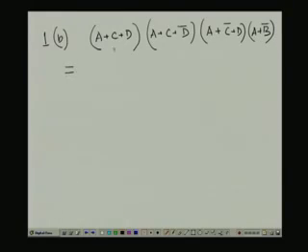If we take the first two terms, A plus C is common and D and D bar are different.